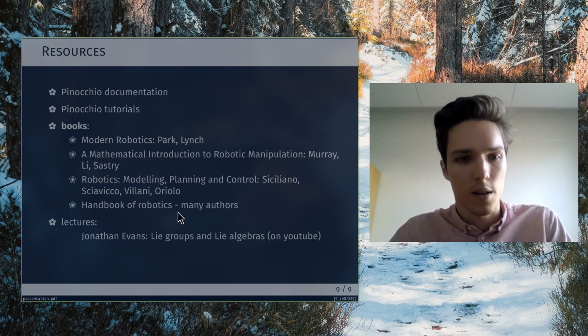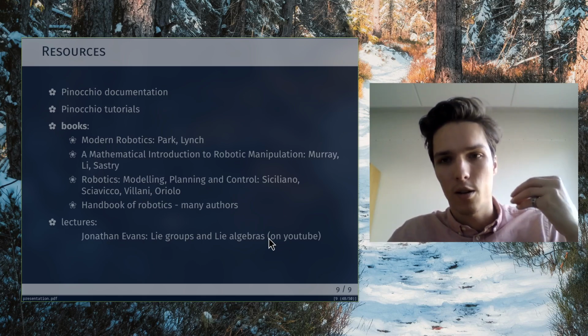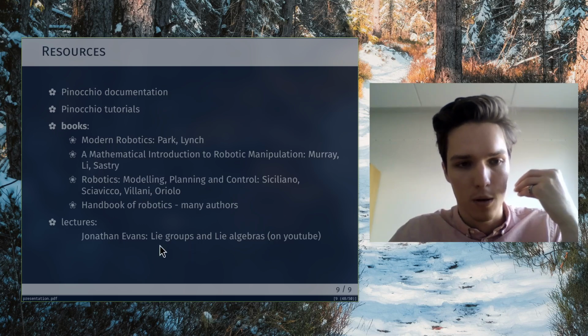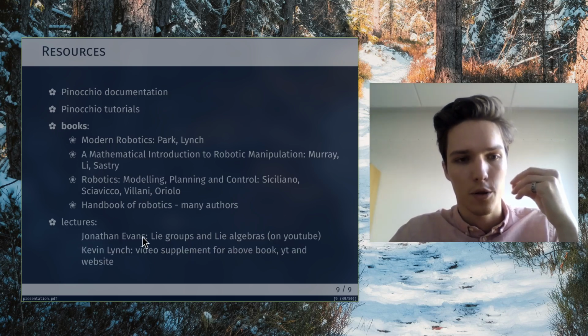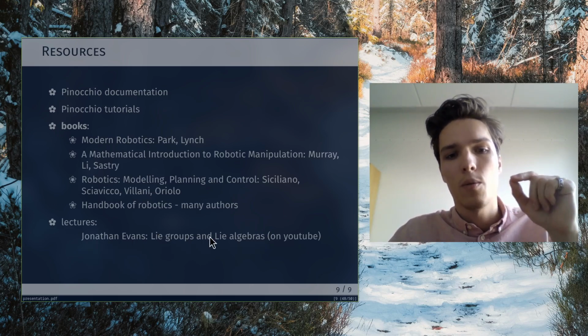Now, finally, there's a series of lectures on Lie groups and Lie algebras. If you want to have the mathematical underpinning, if you're a more mathematical person, go look at that. Jonathan Evans, very nice lecture series on this particularly. And he doesn't go into the smooth manifold stuff.